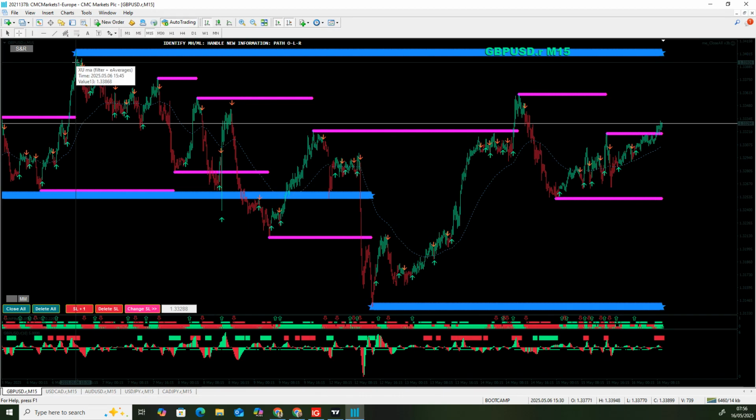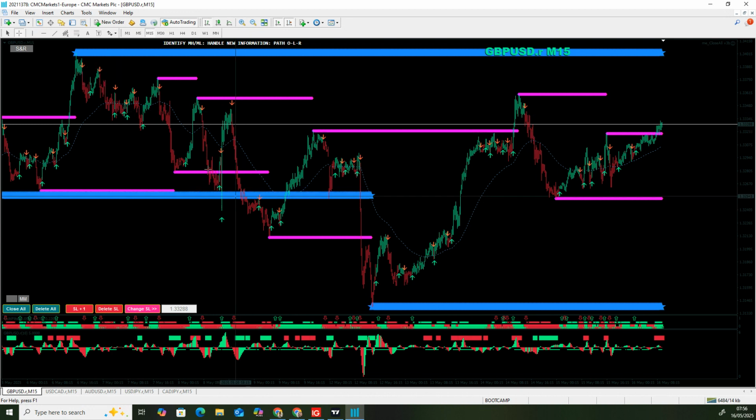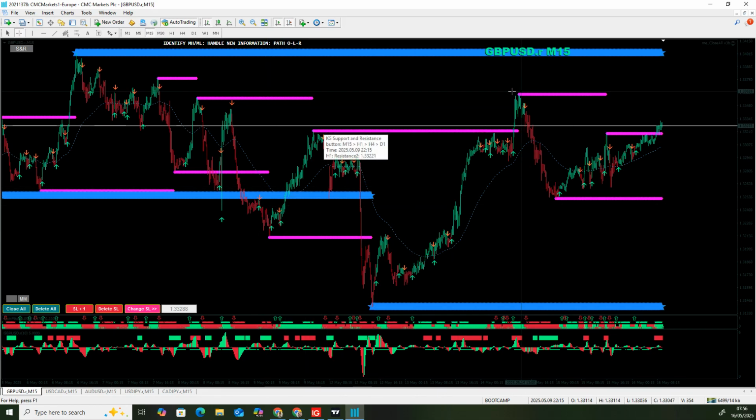Price has been coming down all the way down, and we can see we had a lower low here of the 4 hours, followed by a lower high and a lower low. This is the first structural reset on the 4 hour chart.